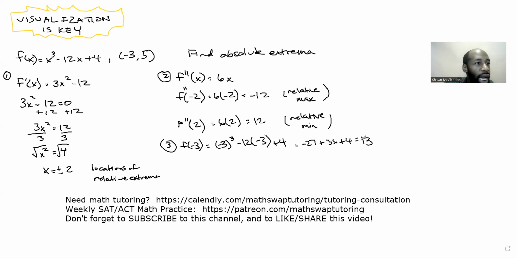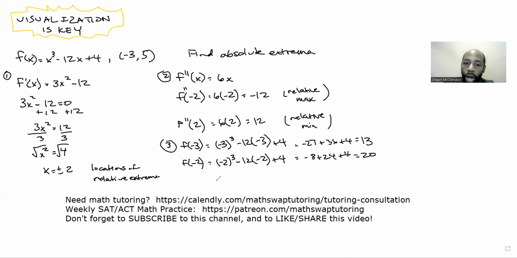Okay, make sure that jives with my notes. Good. All right, so we'll do f of -2 now. That's -2 cubed minus 12 times -2 plus 4, which is -8 plus 24 plus 4. So it's 28 minus 8, so that's 20.